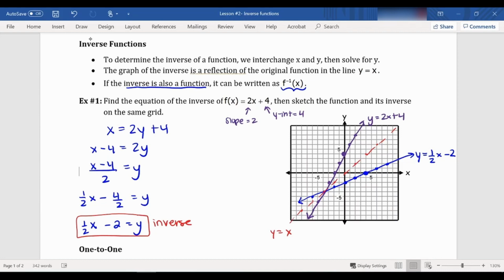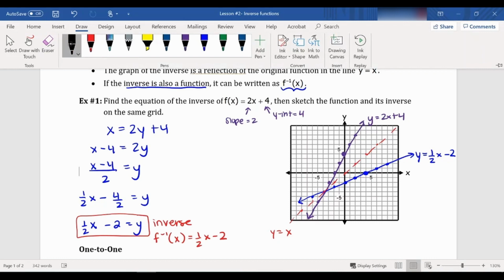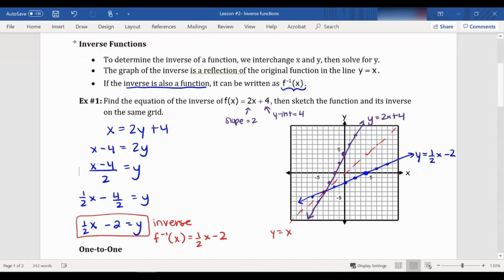Because this is an inverse, we can also write this as f with a little -1 of x equals 1/2 x minus 2, since it is a function, meaning no matter where I draw a vertical line, I will only cross the graph once. We also have a point that's on both graphs here. This would be your invariant point. And this is because x equals y, it's on both graphs.